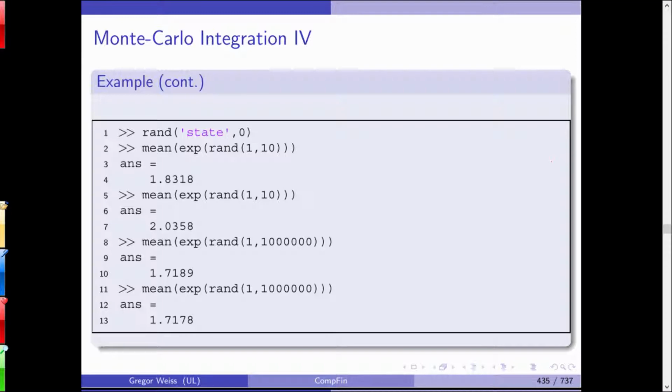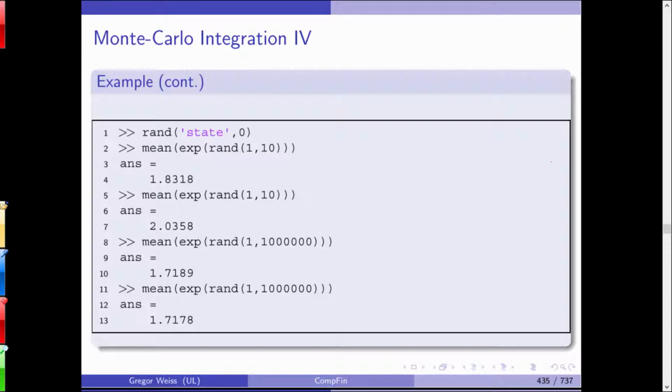Close, but not very good. We repeat this, and suddenly the result will be 2.03. Not very close. And you can still see you have a large estimation bias and large variance in your estimation.